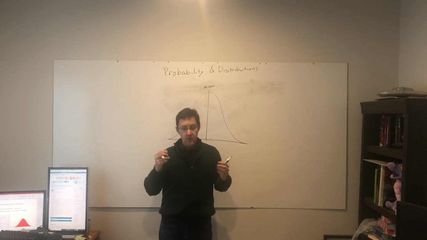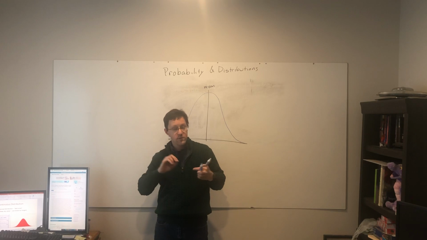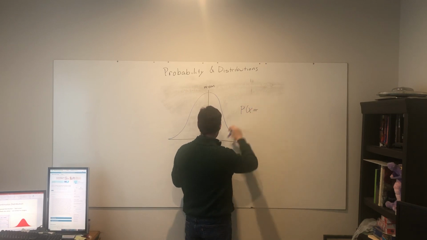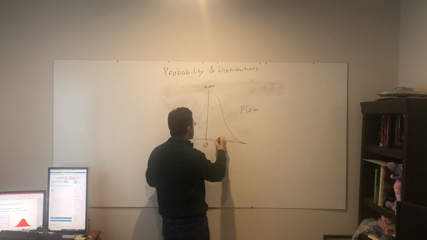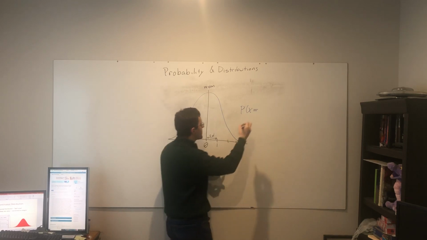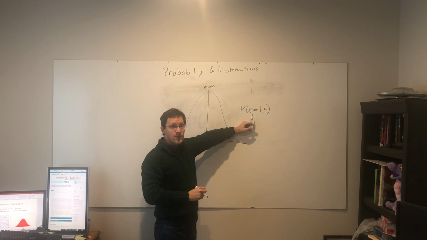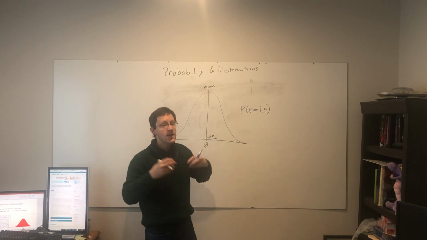The main difference here is, if I'm just to pick a simple version, the mean being 0 and standard deviation of 1, we can no longer say the probability of x being exactly equal to 1.4, we can no longer use this to answer that specific question because it's continuous.